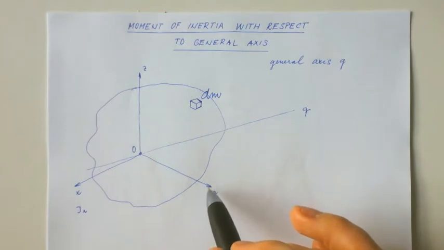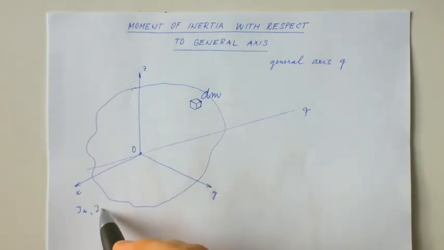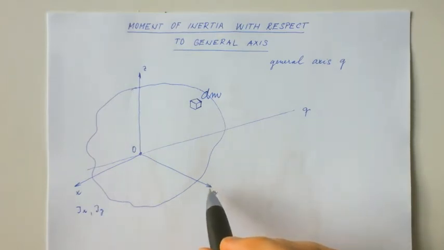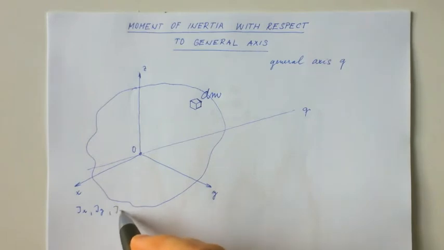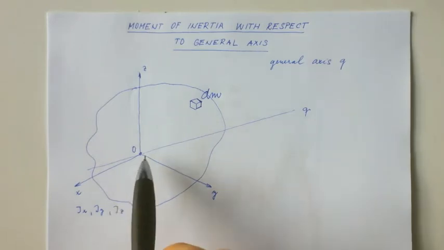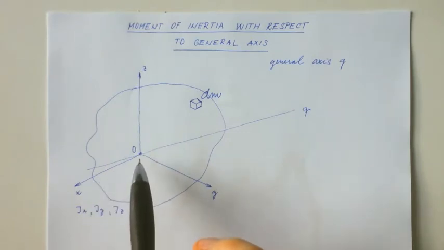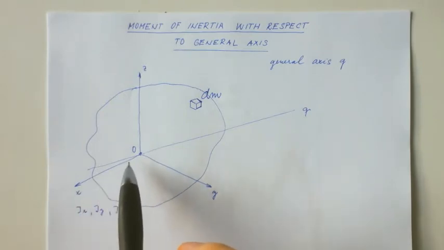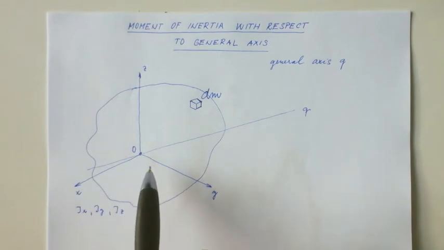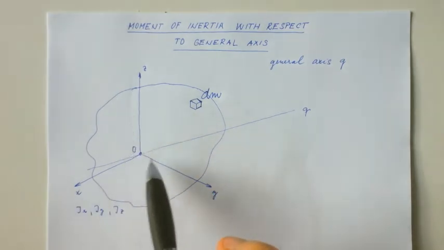We can calculate Jy, the moment of inertia with respect to the y-axis, and Jz, the moment of inertia with respect to the z-axis. So we are able, in fact, to calculate moments of inertia of a body only with respect to axes of the coordinate system.